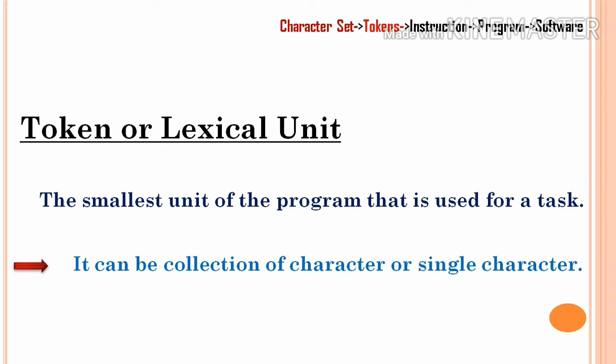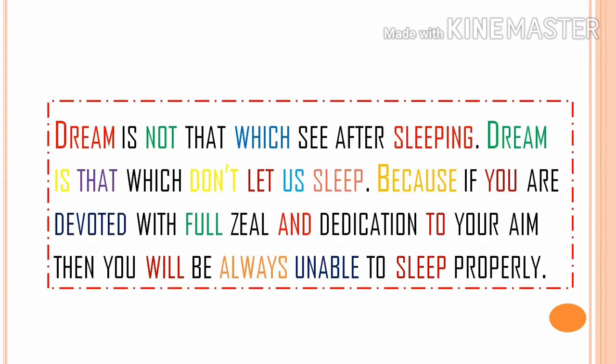Like in the English language, there are so many words we use whenever we write a paragraph or a sentence. This is the example I'm highlighting in a different color. All of these in a language we say are tokens. Clear?